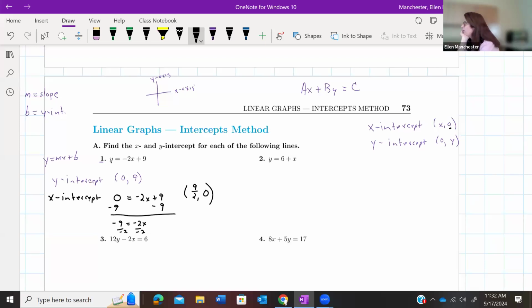Okay, so tell me what the y-intercept and the x-intercept on number 2 is. So one thing to notice is, okay, it's in that y equals mx plus b. It's y equals, so you know you have your y-intercept sitting there.